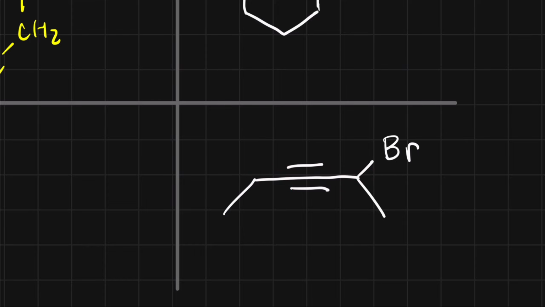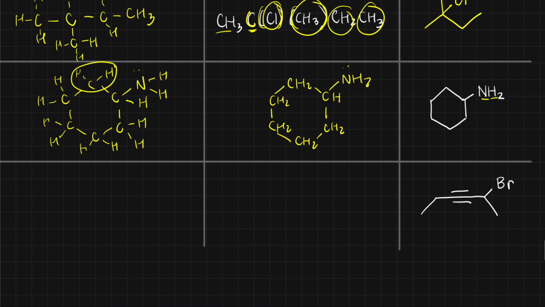We will learn that there's something about the geometry of triple bonds that we cannot bend it here and we need to make it straight. But if we count the carbons, that would be 1, 2, 3, 4, 5, 6. So if I expand that, that's 6 carbons in a row.